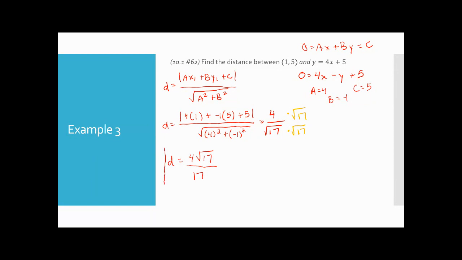You can leave this in its exact form, or if this was an actual word problem with an actual situation, you're more likely to get the decimal approximation. If you put that in your calculator, I can just do 4 divided by the square root of 17, because that's equivalent and easier to type in, you get 0.97.